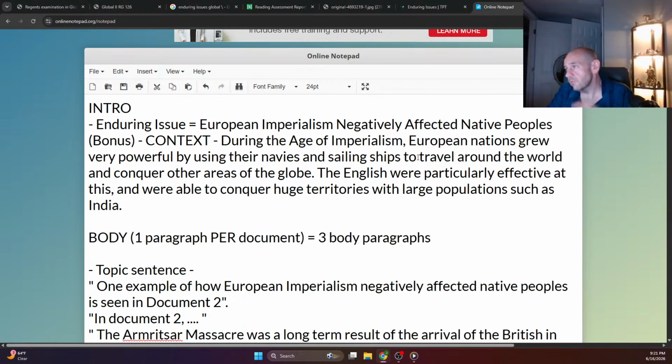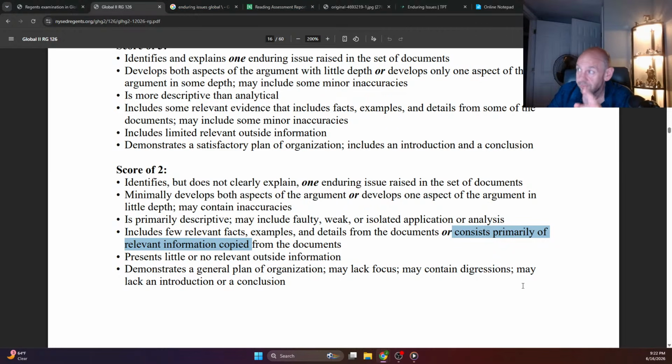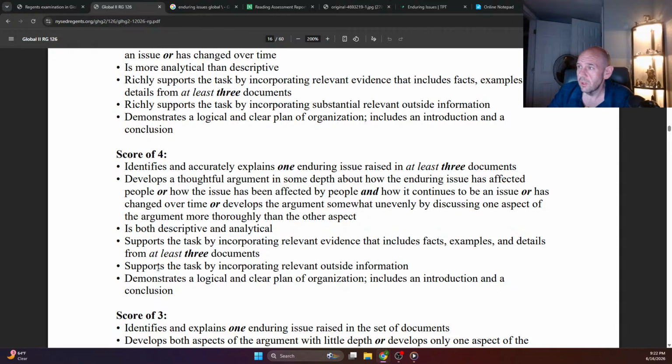Then I write some context. Why is context helpful? And why am I using context down here, or a contextualized piece of evidence, as outside information? Here's why it helps you. Outside information is not really well defined. If you look at the rubric, unlike the AP exam where it is well defined, it's not well defined here. A 3 includes limited relevant outside information.